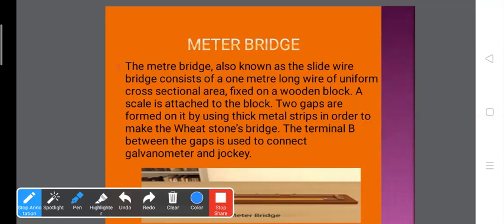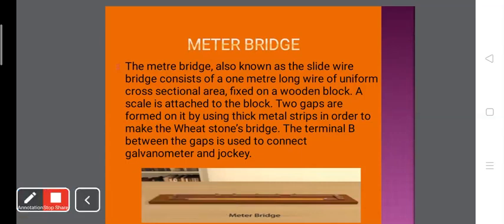And this meter bridge works on the principle of the Wheatstone bridge. So what is the principle of the meter bridge? The meter bridge works on the principle of the Wheatstone bridge. Clear?